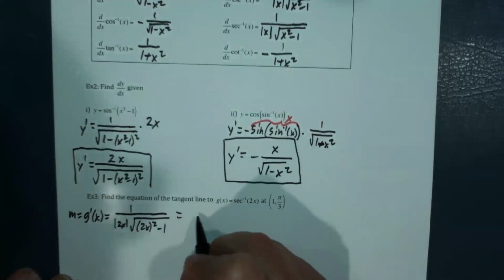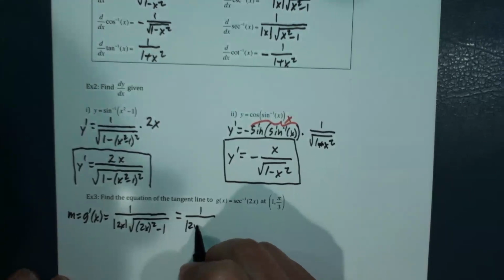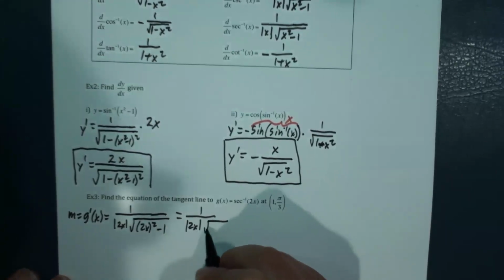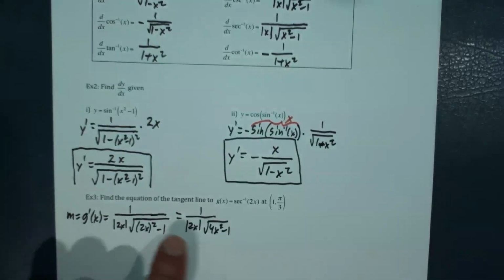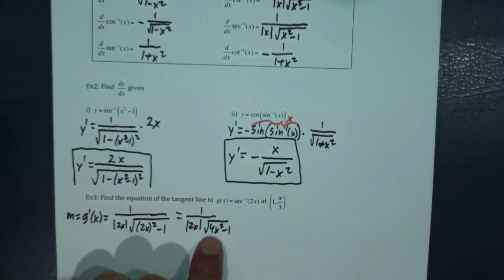Which means this becomes 1 over the absolute value of 2x times the square root of 4x squared minus 1. A lot of students forget to square that 2 to become a 4 there. So just be extra careful if you could.